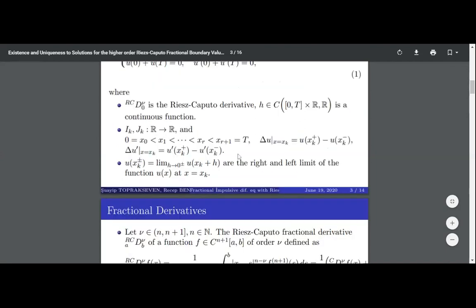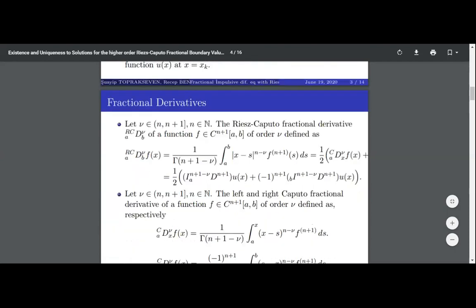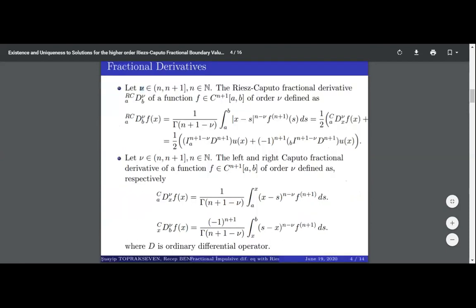Here is the right-hand side limit, and this is the left-hand side limit, defined by this formula. So here is the definition of the Riemann-Liouville fractional derivative of order nu, or alpha. Most commonly used is alpha, but I use nu. This is the definition of the Riemann-Liouville derivative.